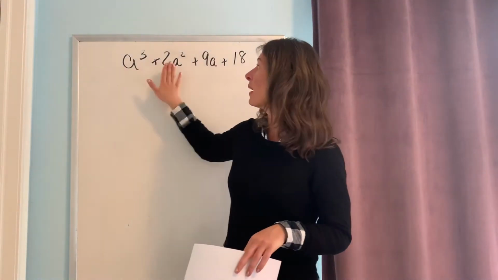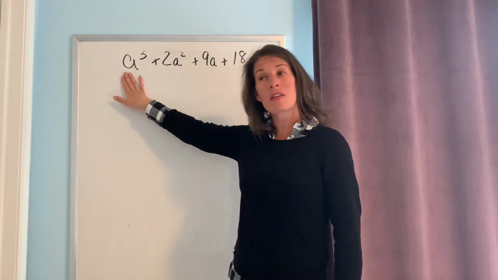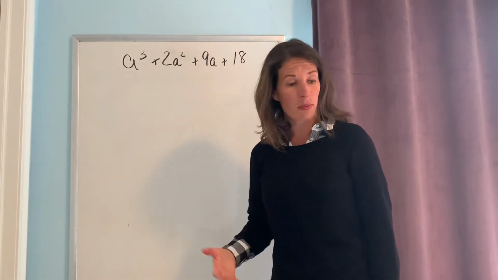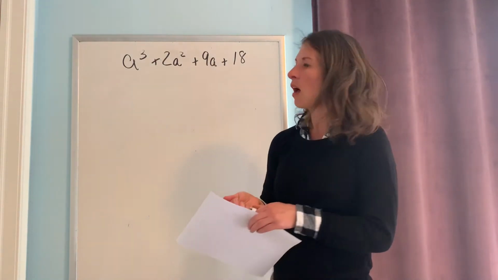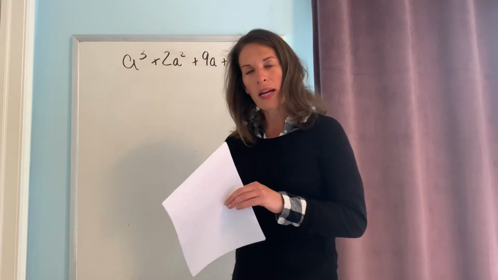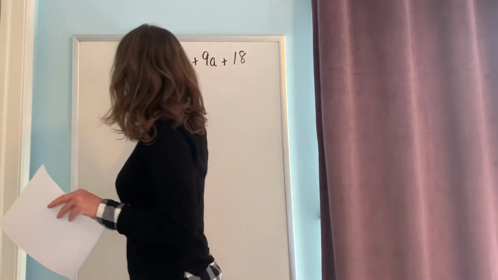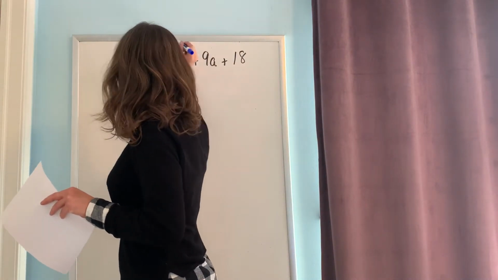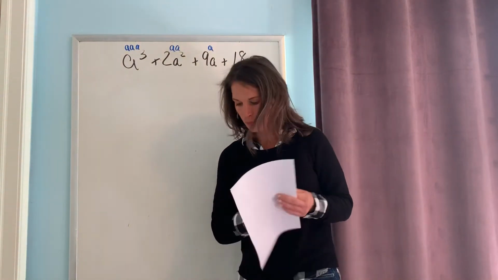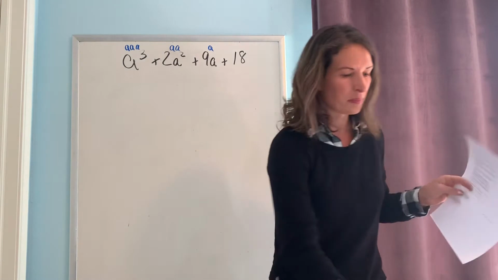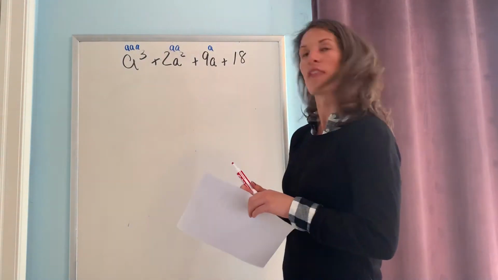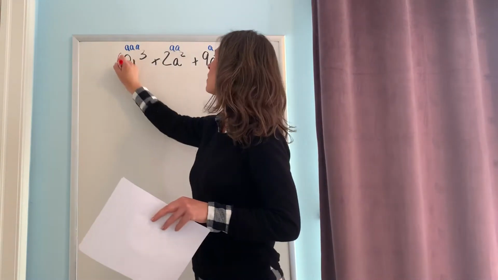Well, 1 can only be divided by itself, so there is no number that can go into both of those. The other thing that I'm going to do before we even start is I'm going to write my variables up above, where I have 3 A's, 2 A's, and 1 A, just so that we can see what we're using. Now, the next thing we do is we put parentheses around our first 2 terms and our second 2 terms.